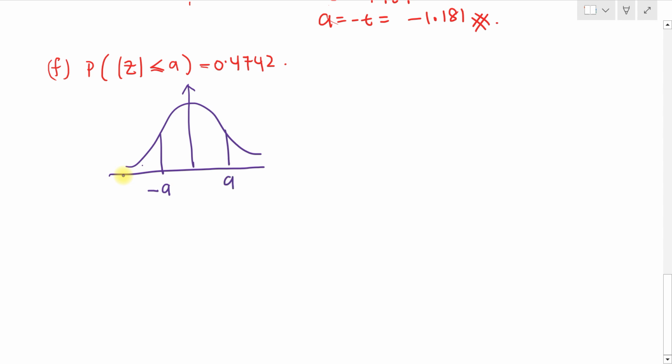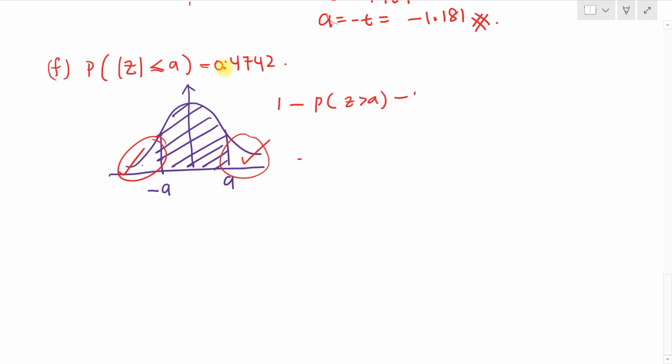For modulus it is okay, because you have both negative and positive. And then you need to shade this area. So as usual, you all know how to do this. 1 minus, you can only read this area and this area. So probability, this one, Z greater than a. And this one also, when you reflect, probability Z greater than a. So 1 minus same probability.